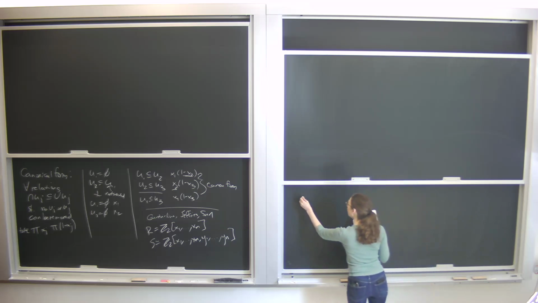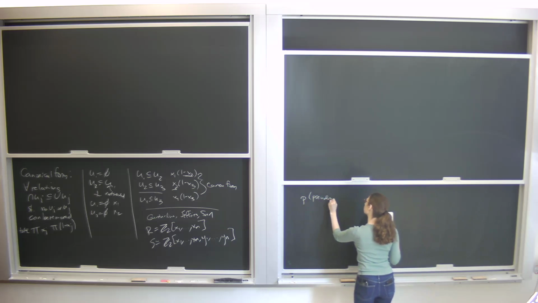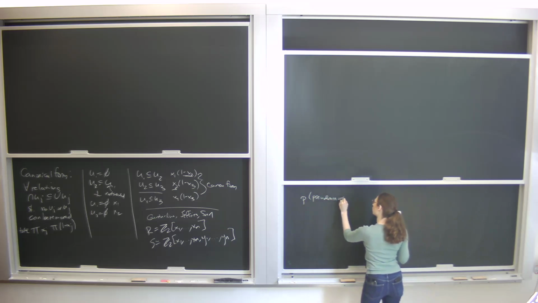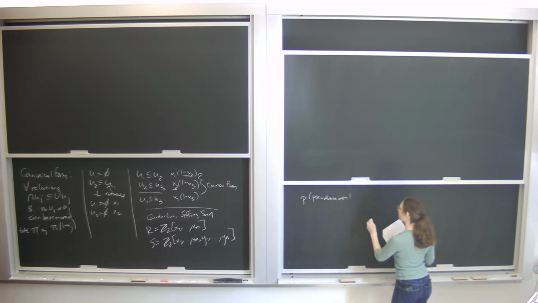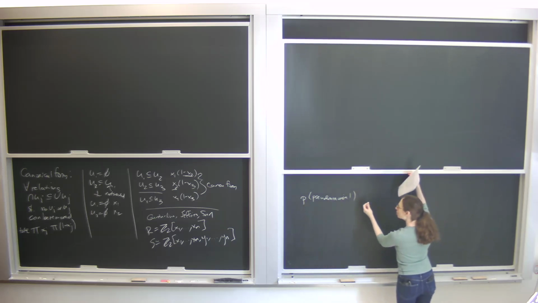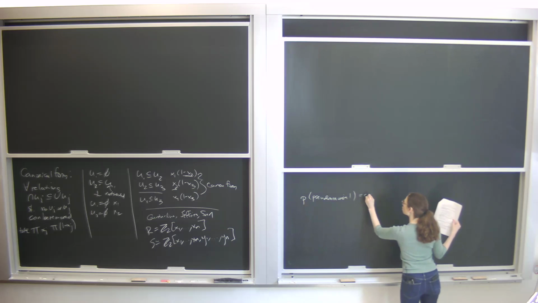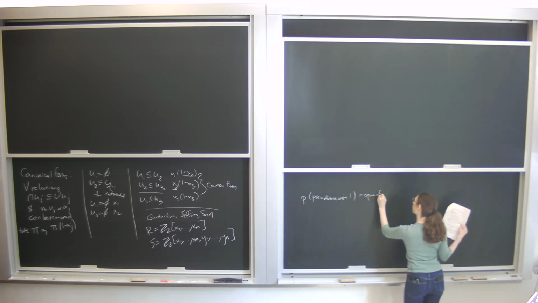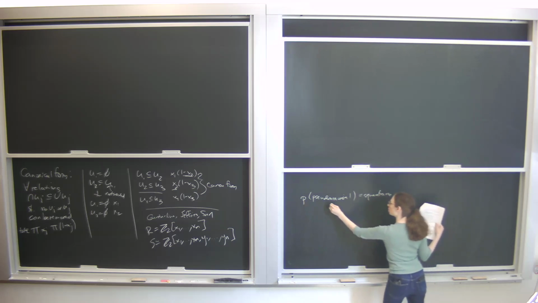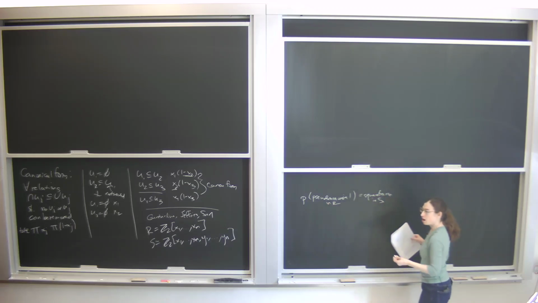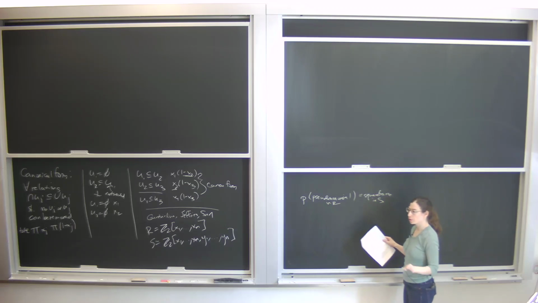So we have a map P that inputs a pseudomonomial and outputs a square-free monomial. So this is an R and this is an S. This isn't any kind of homomorphism or ring map, whatever.